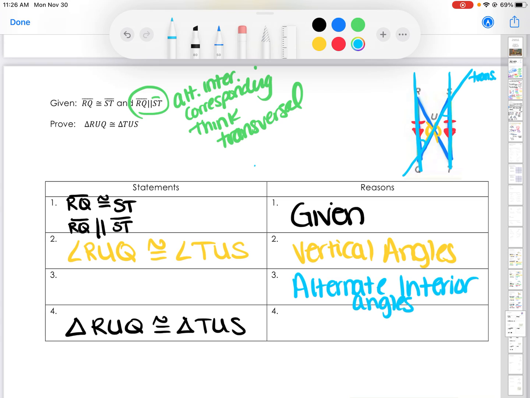And with alternate interior angles, they are congruent. So I can say that QST is congruent to RQS.